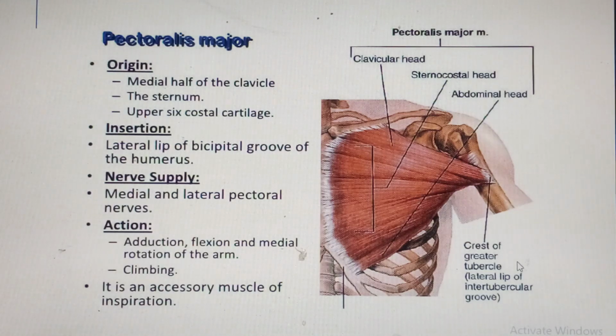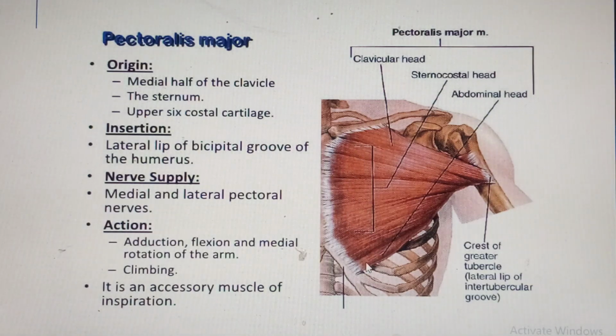Now we said that we have the pectoralis major muscle. It will have two, or let me say 3 heads actually. Some books will say 3 heads, so let me go with 3. If it has 3 heads, then the medial half anteriorly of the clavicle will give attachment to the upper head, which is the clavicular head. And the middle head, being the majority of it, is the sternocostal head.